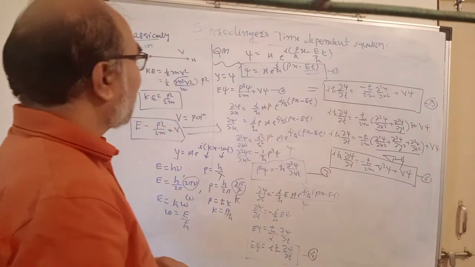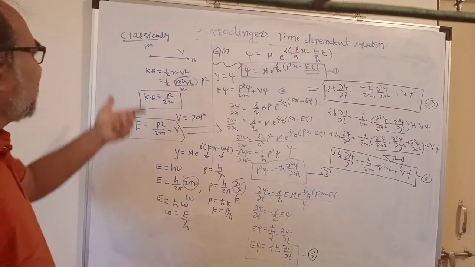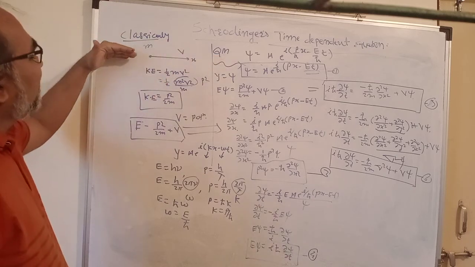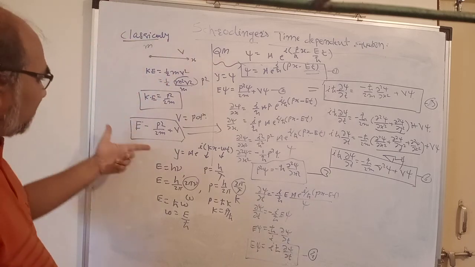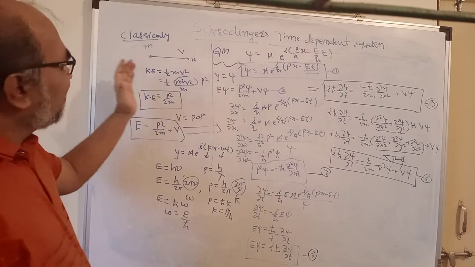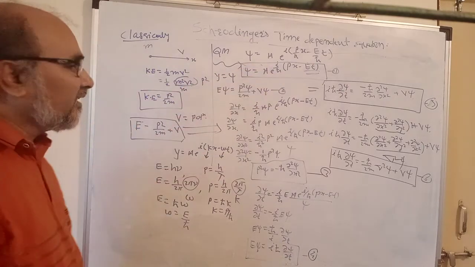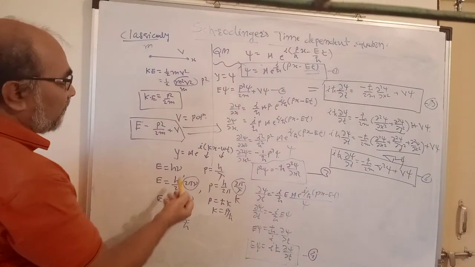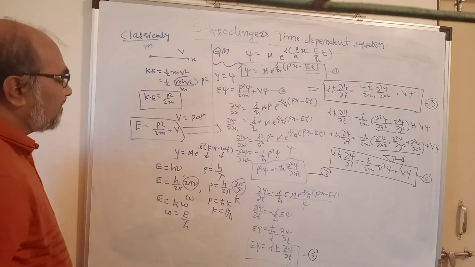Okay, so once again you see what we did here. Classically, one particle is moving along the x direction, then we find out the total energy. But when we go into the quantum mechanical treatment, this particle is nothing but a wave, and the wave is represented classically like this.